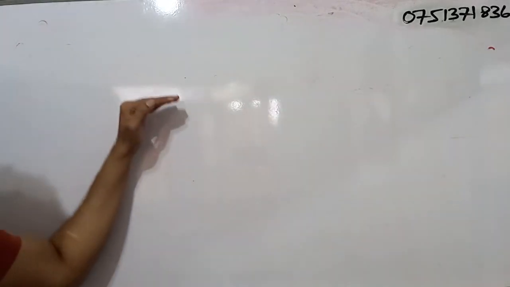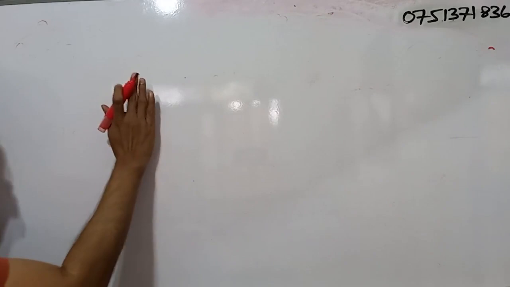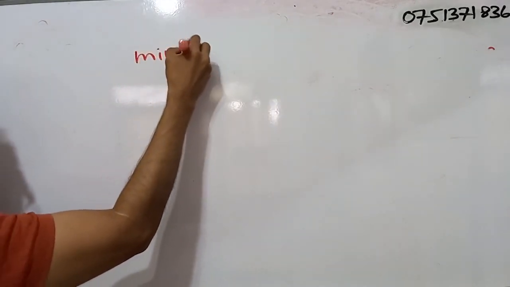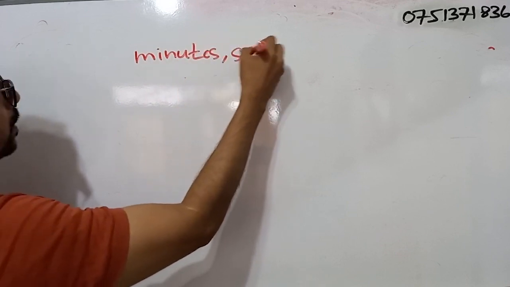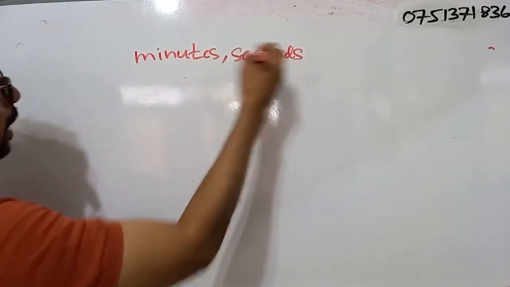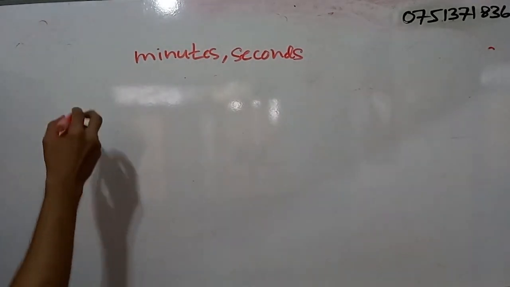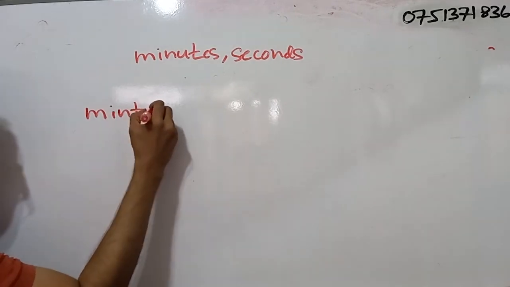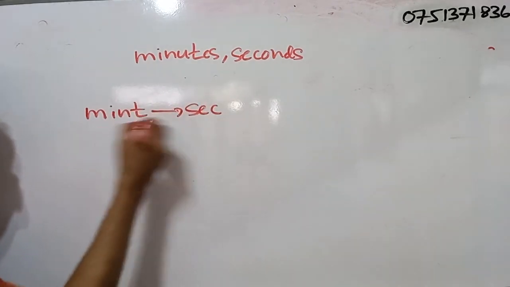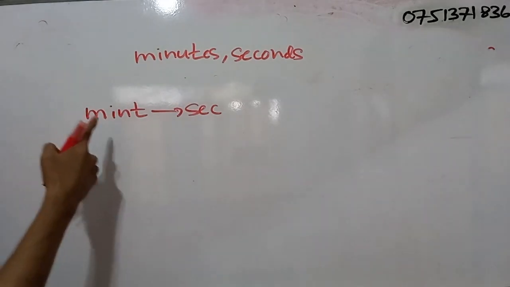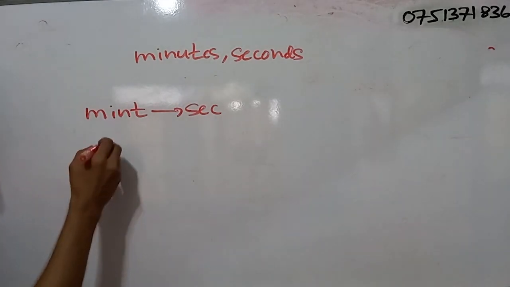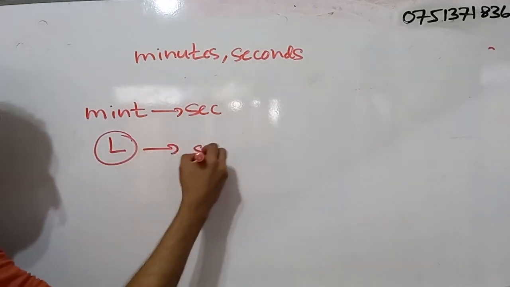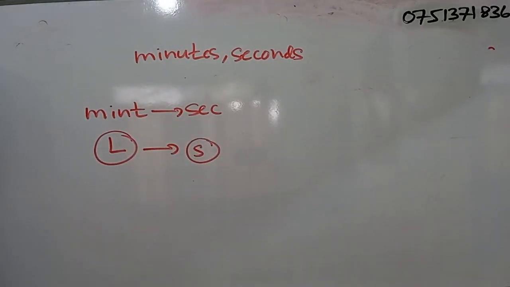Now we will go through the short method again. Let's take 2 units, minutes and seconds. Imagine that we have to convert minutes into seconds. When we compare these two units, minutes is the larger unit, seconds is the smaller unit.